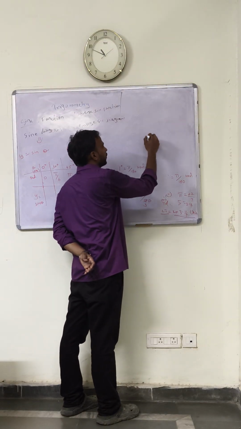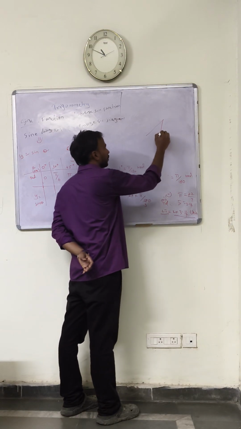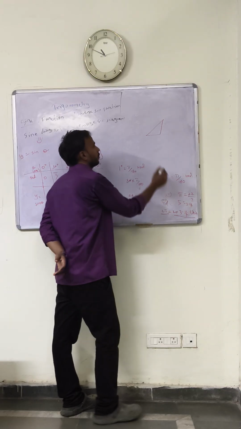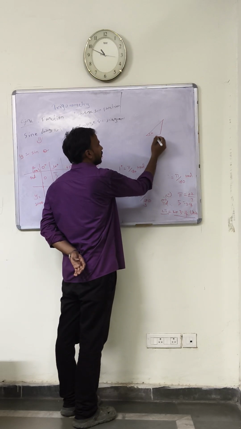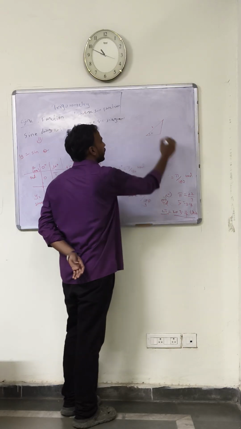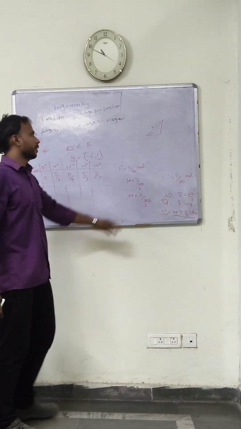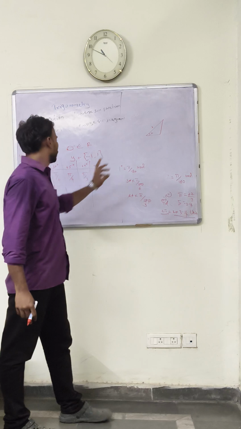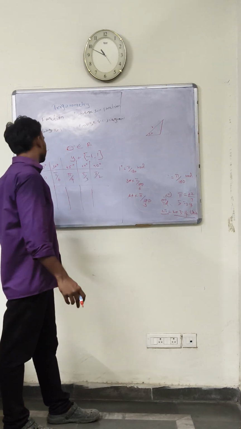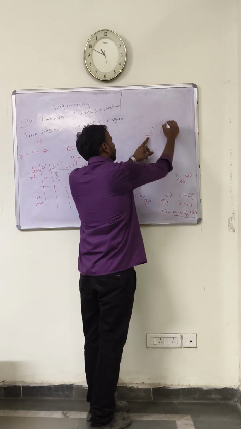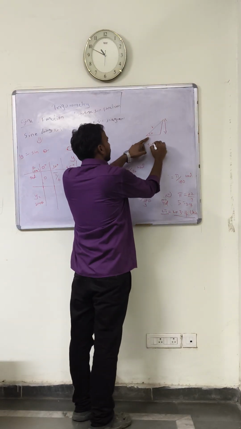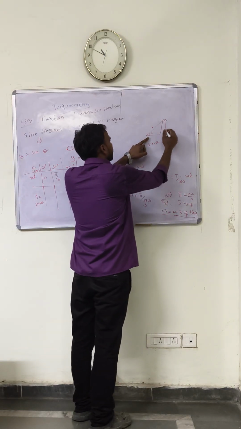We drew the curve, right? We know this angle theta, this is 1 unit radius. Now I want to calculate sin theta. Sin theta gives this value, sin theta equal to this length.